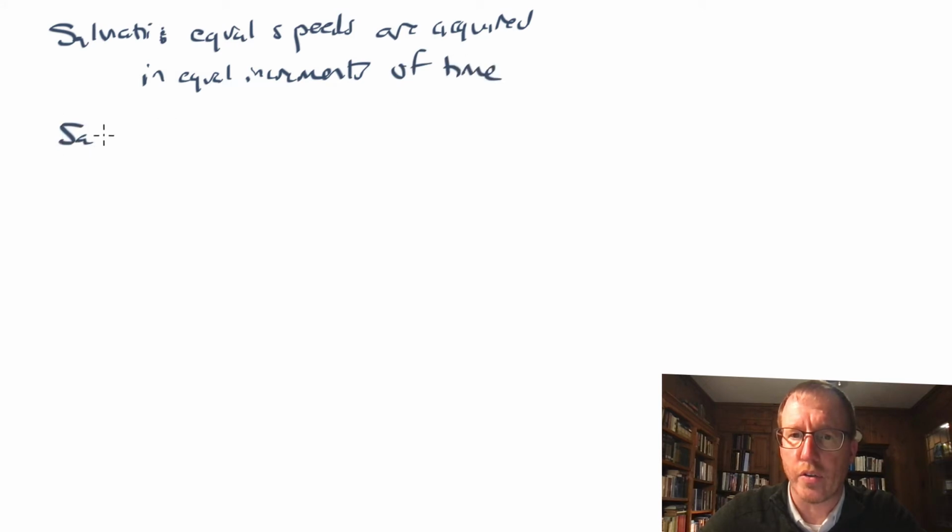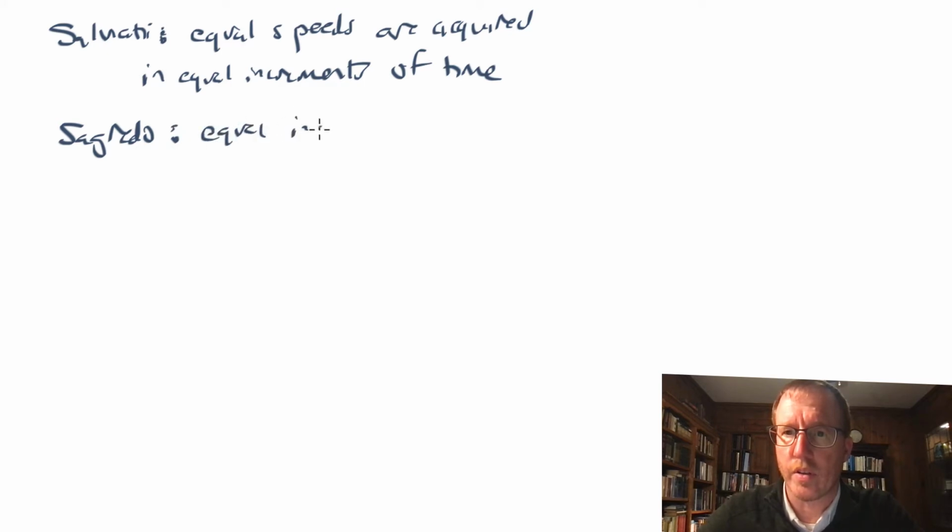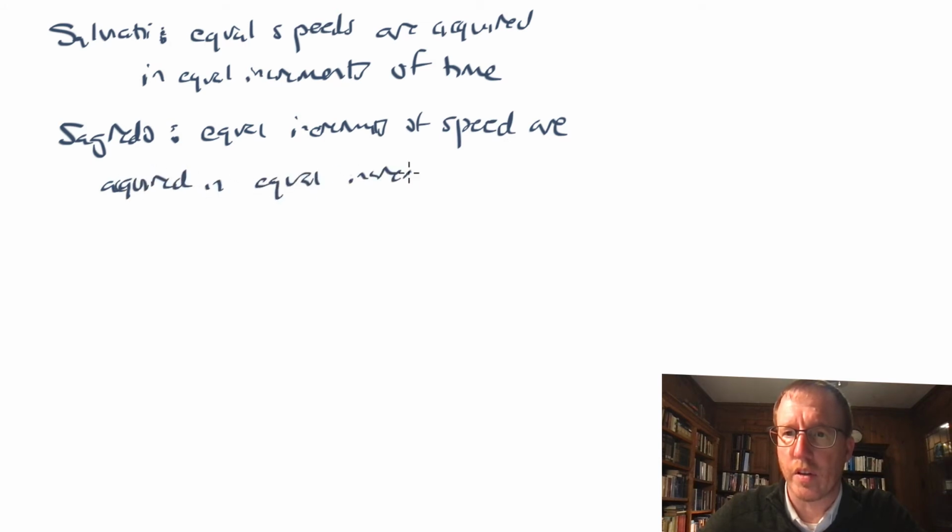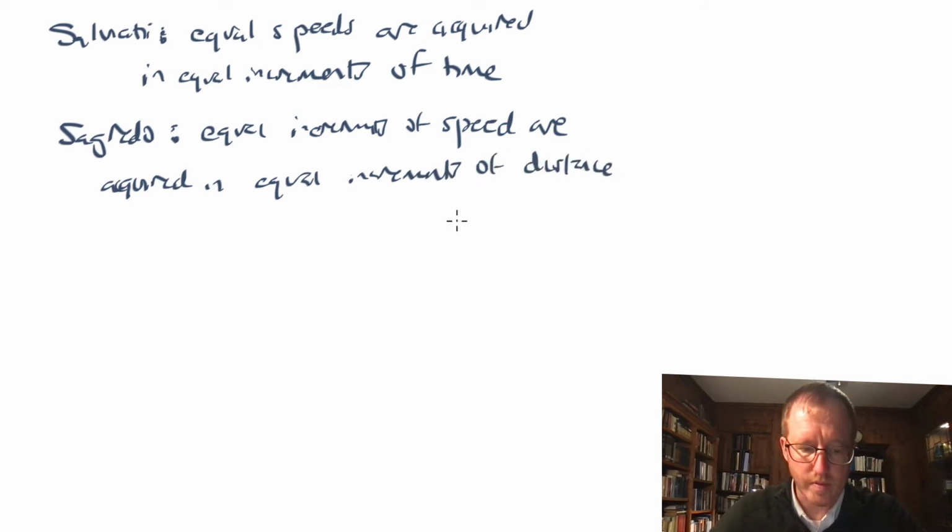And Sagredo's theory is instead that equal increments of speed are instead acquired in equal increments of distance of fall. Now, how does Salviati address this and show that it cannot be correct?